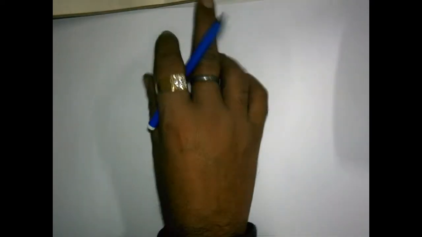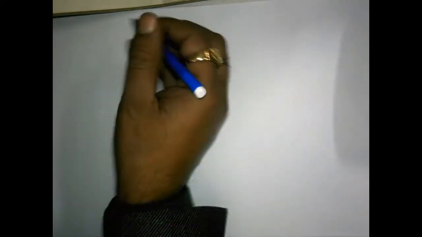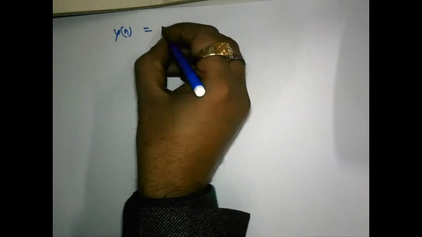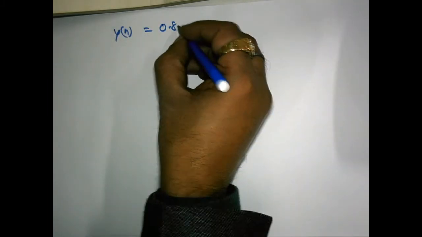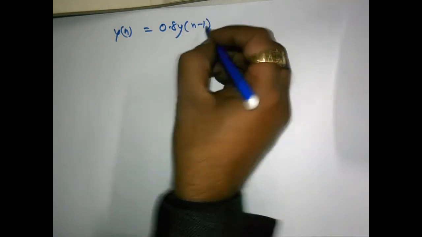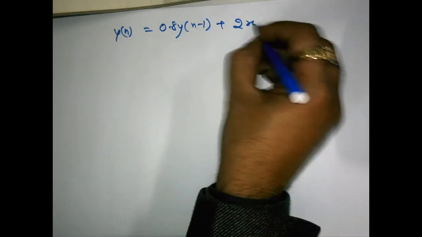Now suppose one form is given to us, this means if the difference equation is given to us, we can write down the other form of the system. Suppose we are given a difference equation like this: y[n] equals 0.8 y[n minus 1] plus 2 x[n].